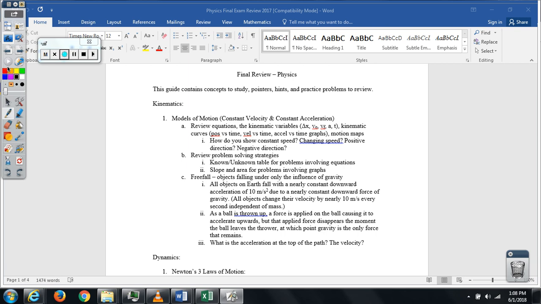All objects having that acceleration change their velocity at a rate of 10 meters per second per second. So if you were to look at their speedometer as they fall, every second that goes by, the speedometer needle will increase an additional 10 meters per second.